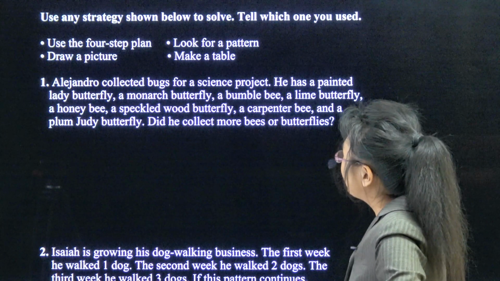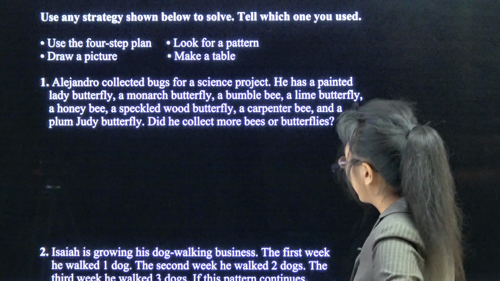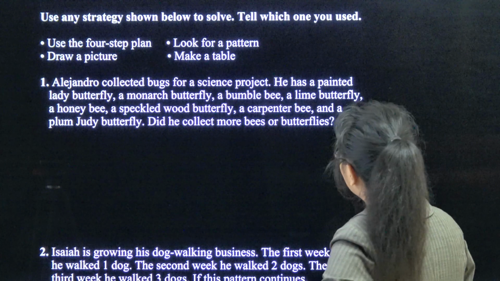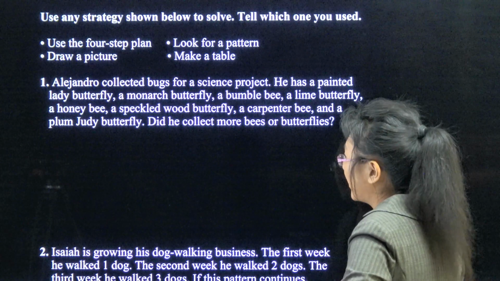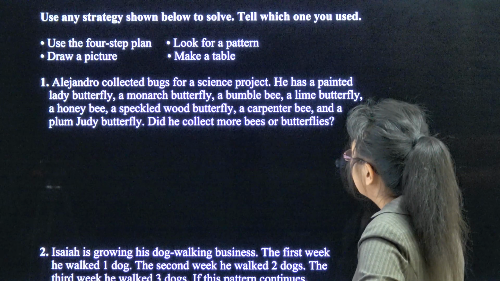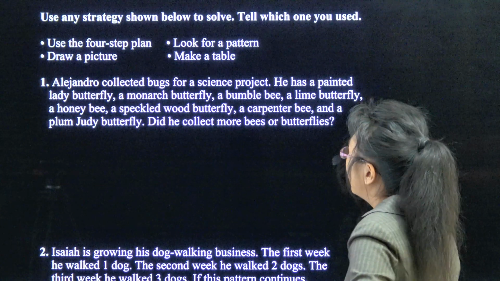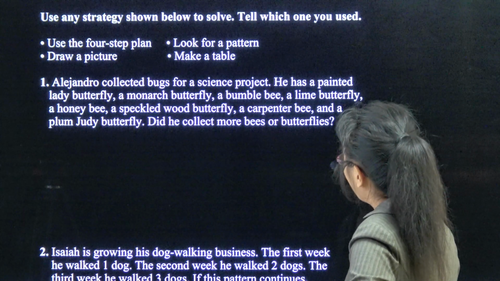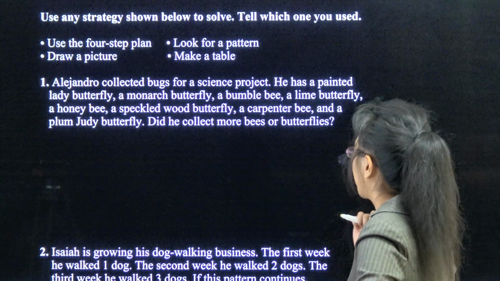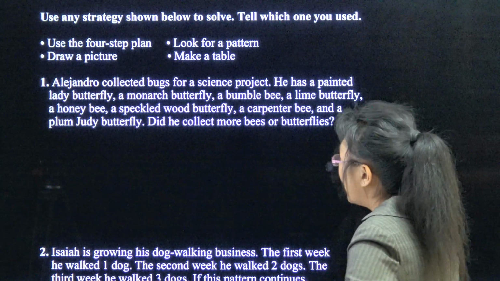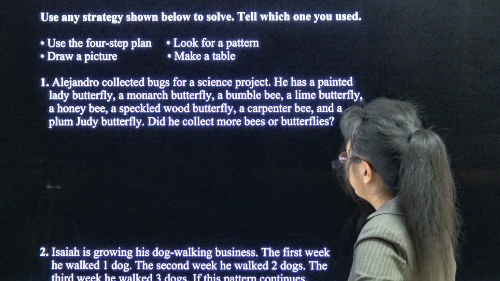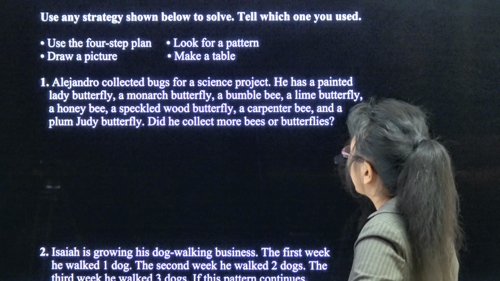He has a painted lady butterfly, a monarch butterfly, I hope he's keeping these guys alive, a bumblebee, a lime butterfly, a honeybee. How did he catch a honeybee without getting stung? A speckled wood butterfly, a carpenter bee. Okay, how did he catch a carpenter bee without getting stung? And a plum Judy butterfly. Did he collect more bees or butterflies?